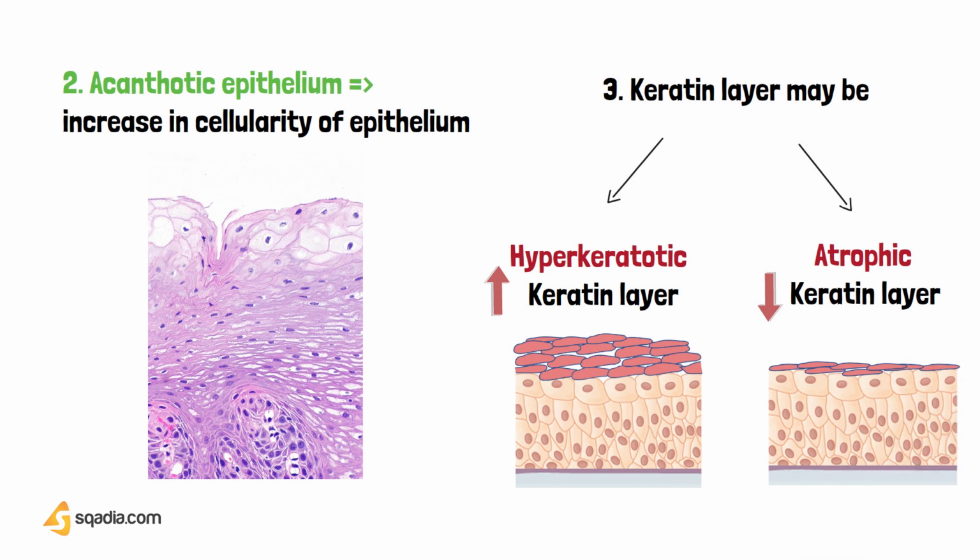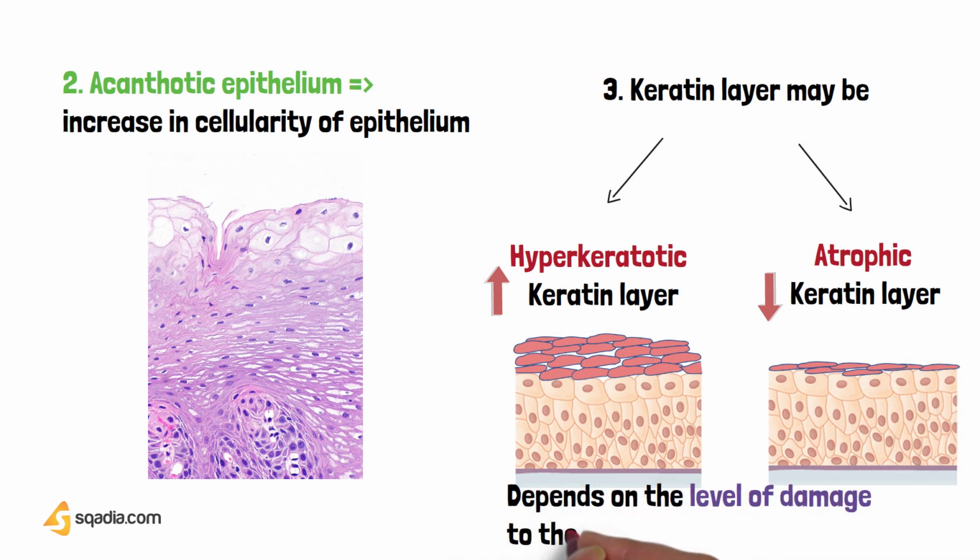Now, the main reason for this is that the level of keratin production depends on the level of damage of the epithelial cells. So if the damage is more, it is going to be atrophic, and if it is less, it's going to be hypertrophic.